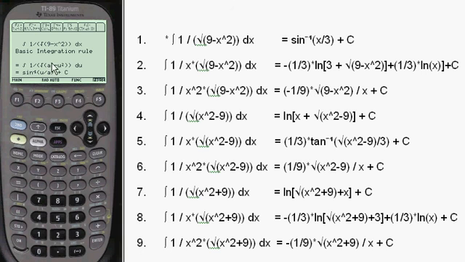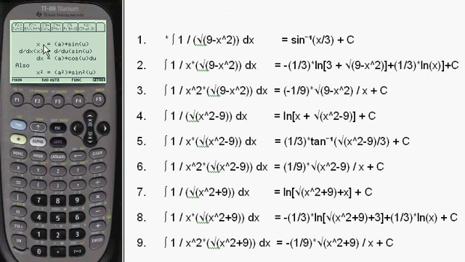So we do the program. Now there's a basic integration rule for this function: the integral of 1 over the square root of a squared minus u squared du is equal to the arc sine of u over a plus c. Now I'm going to show you how they got that, step by step.